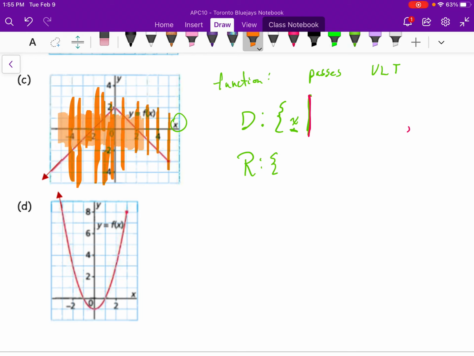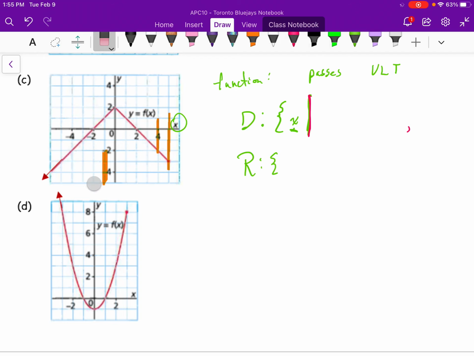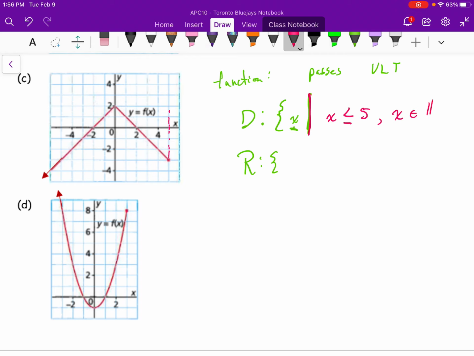So we notice that the domain of this function really can be anything, provided that it's lower than 5. So what we say, x exists such that x is less than or equal to 5. And that's my domain. I'm going to put where x is an element of the reals.